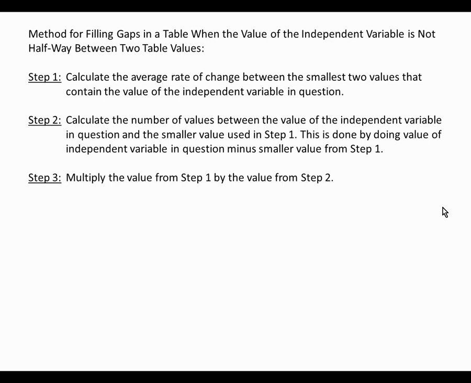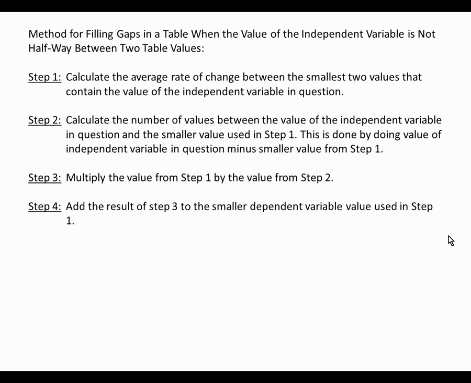Step 3, multiply the value from step 1 by the value from step 2. Kind of tells you the incremental change you need. How much further up do you need to go? And step 4, add the result of step 3 to the smaller dependent variable value used in step 1. This will become a little bit clearer when we do some examples. Right now it's kind of vague.